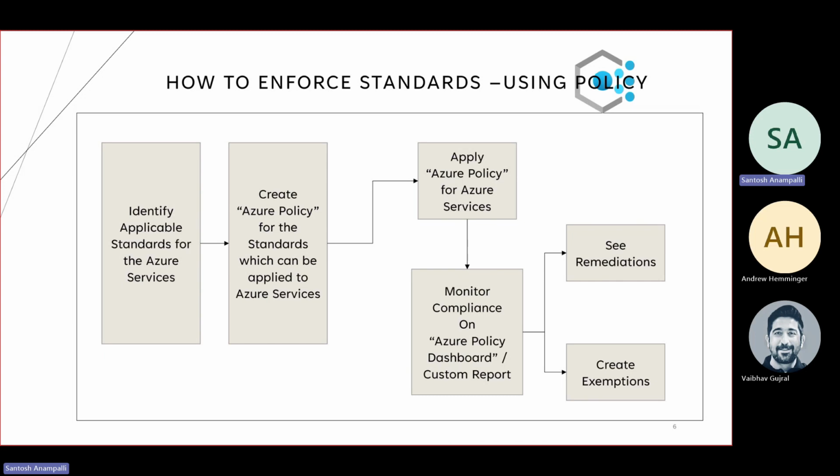So that is one way of monitoring resource compliance. The other way is you could create your own custom dashboard. You can create a Power BI dashboard wherein you call the policy related APIs, the Azure API endpoints, and get the policy information. Based on that data, you can create a dashboard and show which ones are compliant and which ones are not.